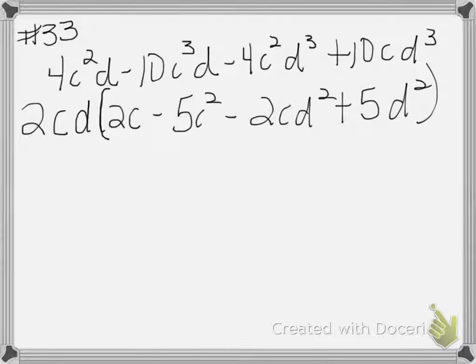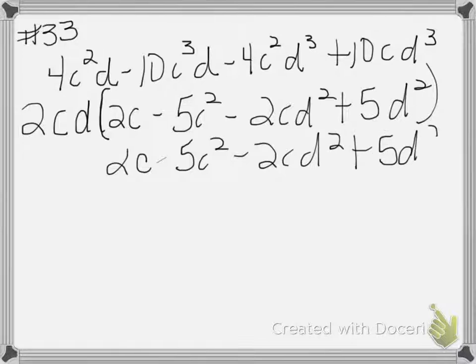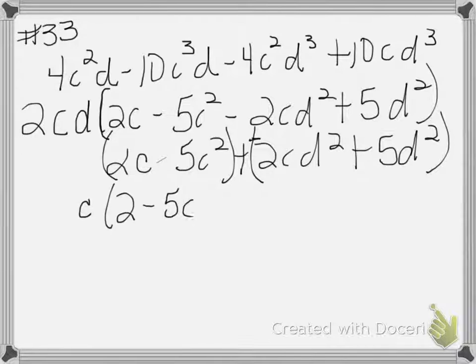So let's just rewrite this. I think it'll be easier to see. I'm going to group the first two together, group the last two together. Now I'm going to factor out a c and get 2 minus 5c. And then I'm going to factor out a negative d to the second, and I get 2c.